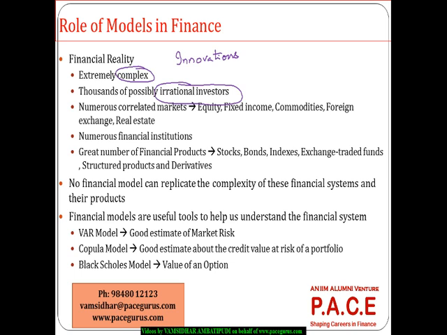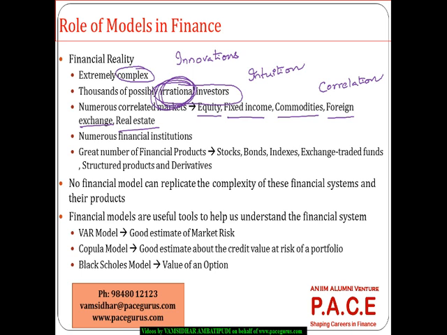Buyers and sellers are huge in number, but there are lots of irrational investors who may go majorly by intuition rather than anything else. So the market is dominated even by those kinds of players. There are different kinds of markets: the equity market, the fixed income market, commodities market, foreign exchange market, real estate market, and there is lots of interdependency or correlation existing between each of these markets.